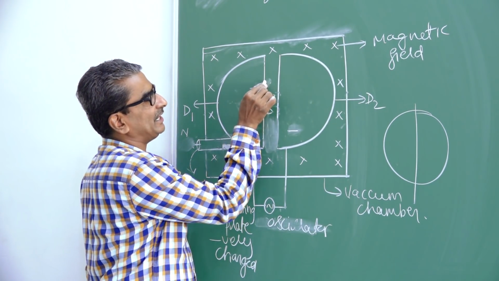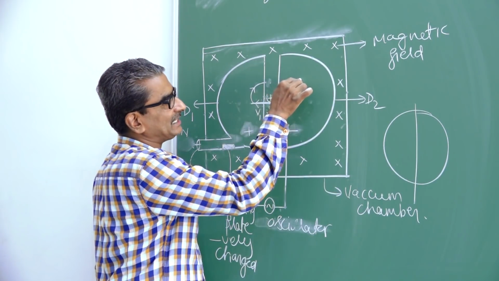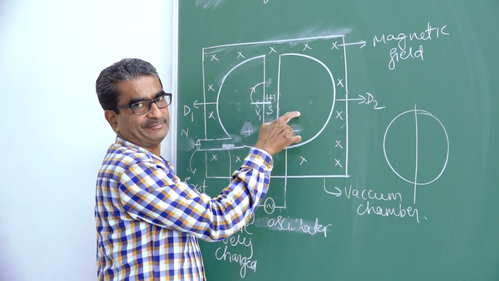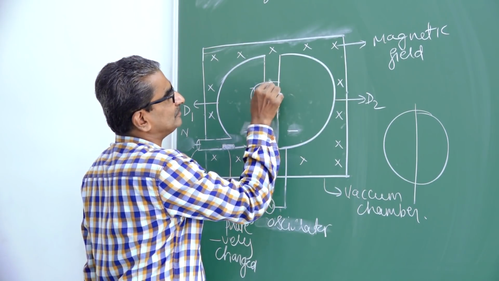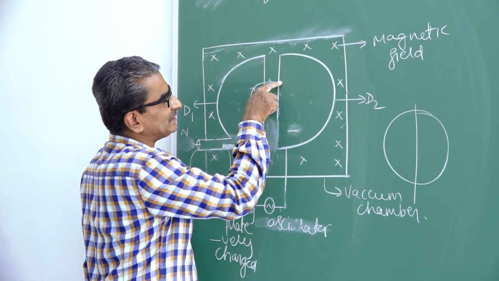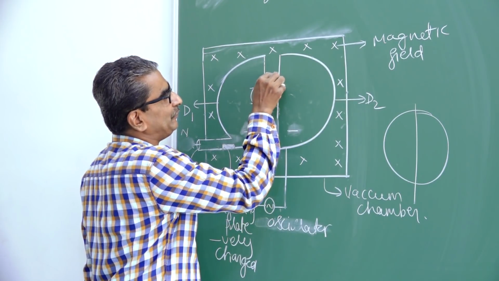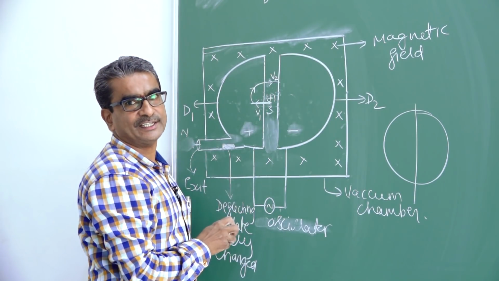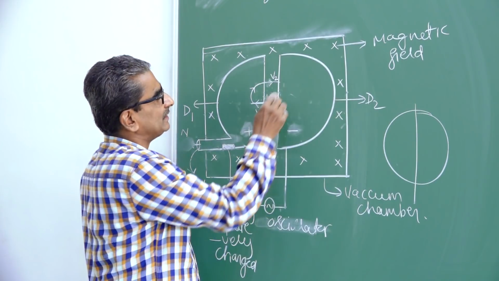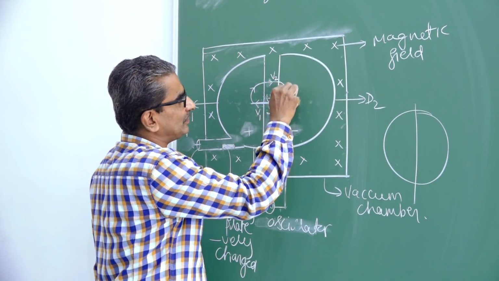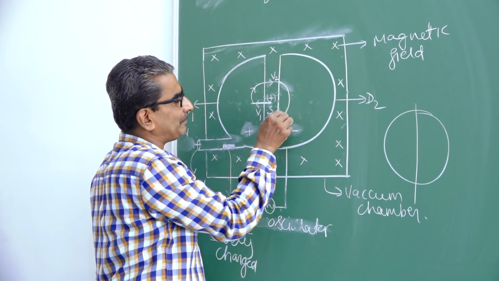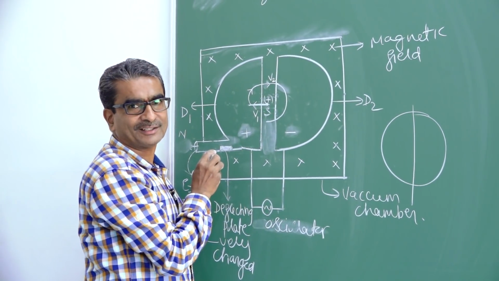This charged ion is once again attracted, by D2 this time. So it enters into D2. Now it enters into D2 with a velocity v2, a different velocity. Then after entering into D2, it begins to move in a circular path like this.